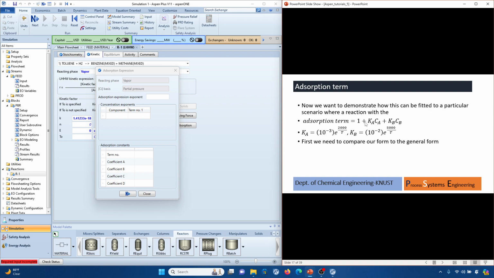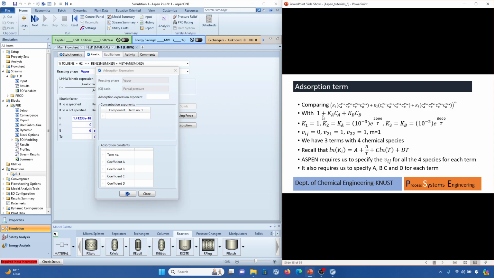So this is a good example where the constants take this form, right? If we compare this to the general form, our first term has the first constant, K1. It's just the constant present. We don't have the concentration terms in there. The second term has a constant and a concentration term. So does the third, right?